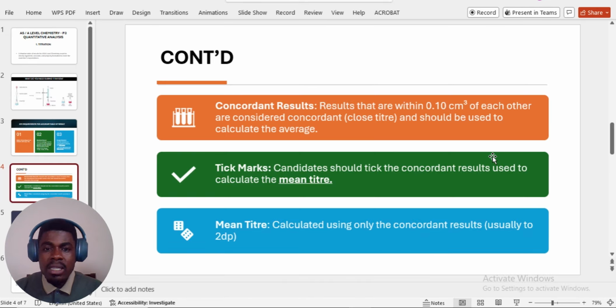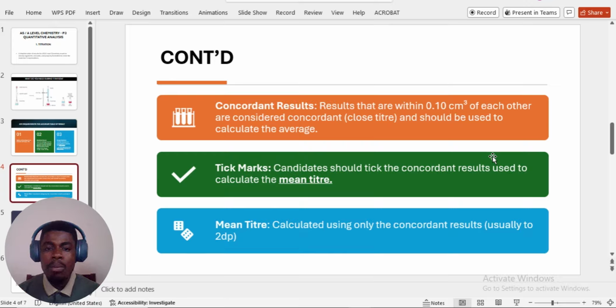With concordant, we always refer to values that are close to each other within 0.10 centimeter cube. So when you perform the titration, you should have two values or three values that are within this range, and once they are within this range, we call them concordant. When you get concordant values from the table, you can just take them and use them to perform the mean titer.